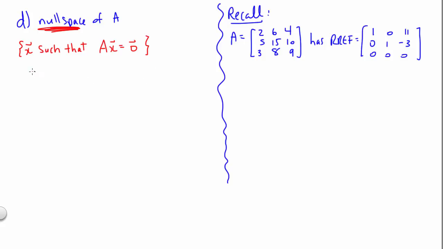So what we might do to get started then is just write down our system in augmented matrix form. So just recopy the matrix A here, and beside that we'll write down our 0 vector. Now we're not going to have to do all the steps of Gauss-Jordan elimination here because we can take a little shortcut. If we were to go through the elimination procedure, what we would end up with on the left is the RREF.